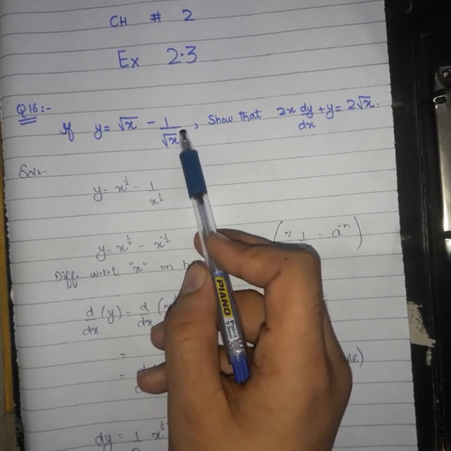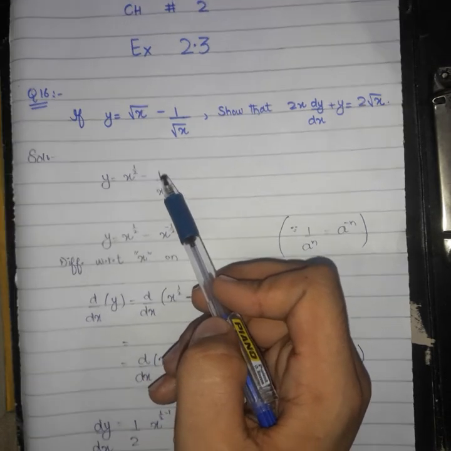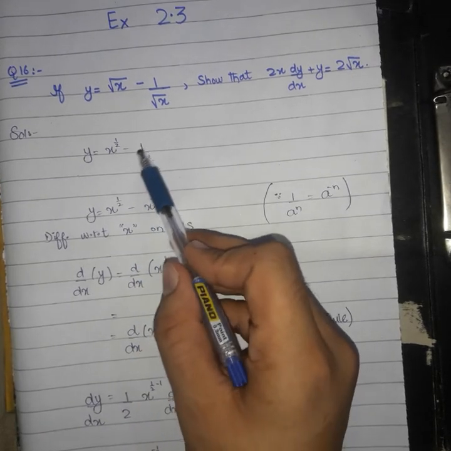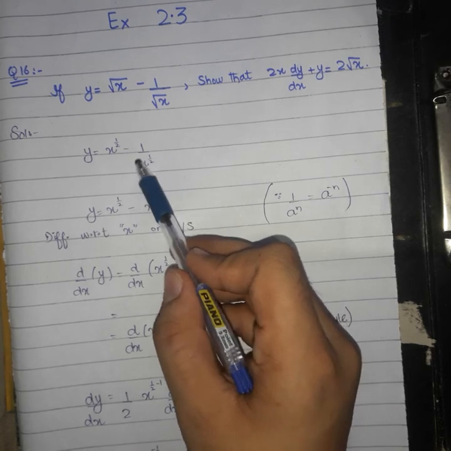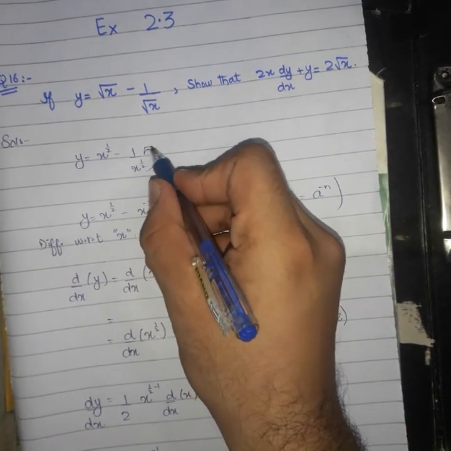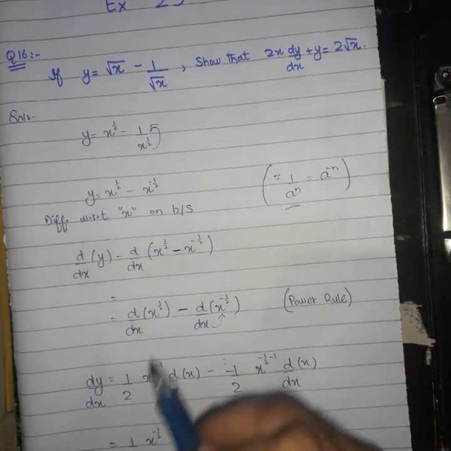I remove the radical symbol and change it in the form of power 1 by 2. So we know that when a term is positive, having positive power in the denominator, when we shift it in the numerator, its power becomes negative, as it is a rule.